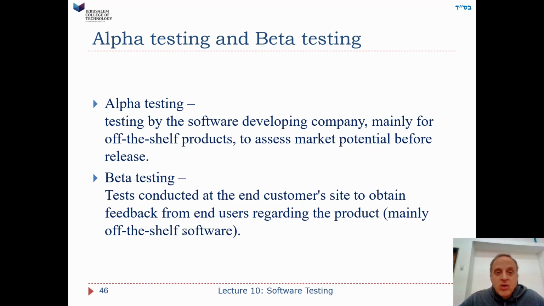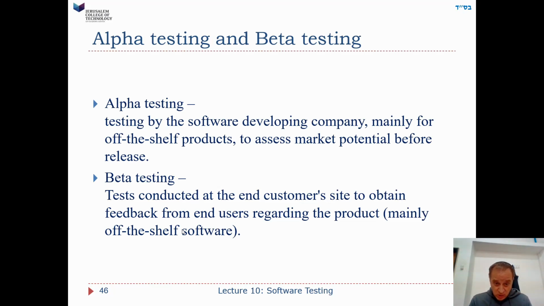There's another term you may have heard at some point, alpha testing, or you really probably have heard of beta testing. So what are they? Alpha testing is testing by the software developing company itself, mainly for off-the-shelf products. In other words, there's no client, but we decided that we're going to make this product. So we want to assess, is it doing its job before we start selling it? Beta testing is that we basically are ready to give it to the public, but we're not sure.